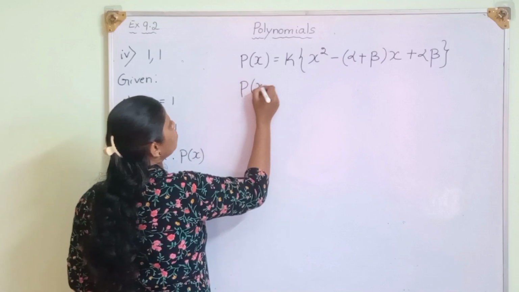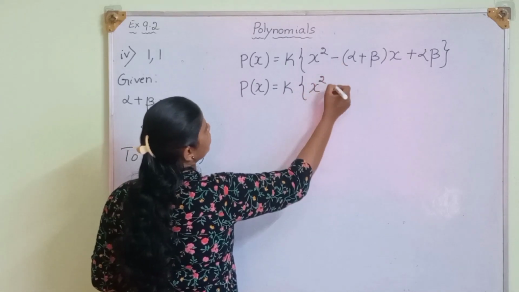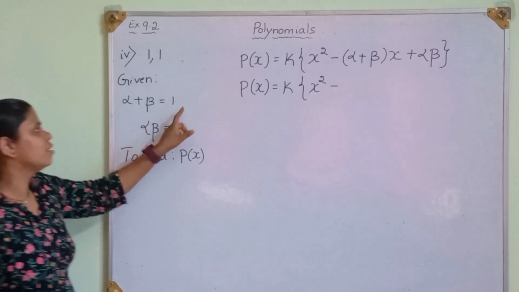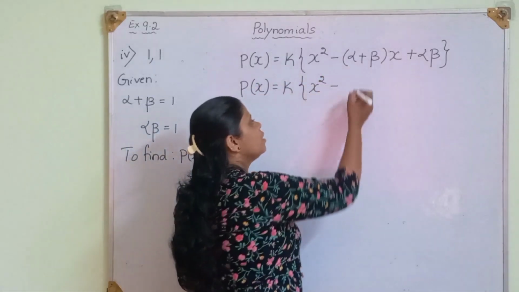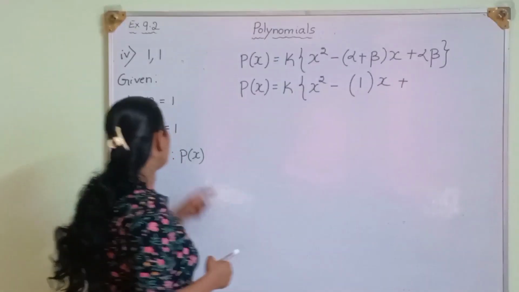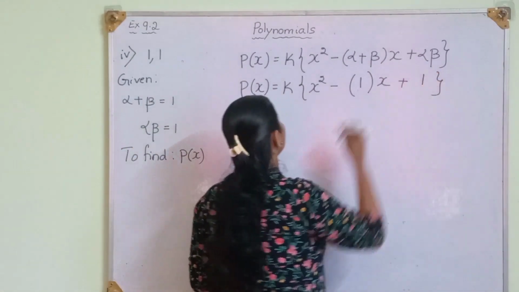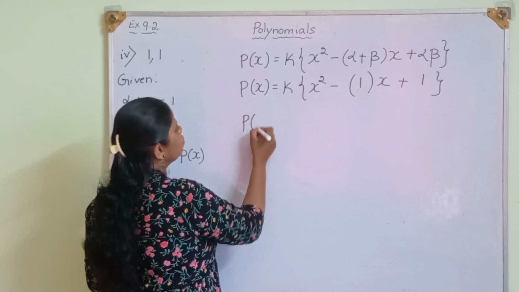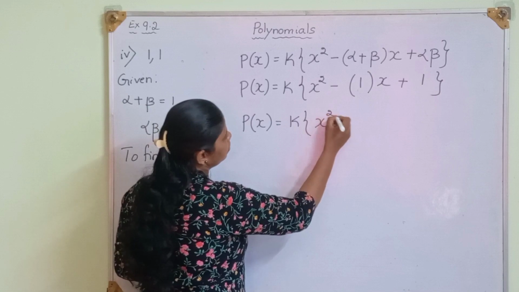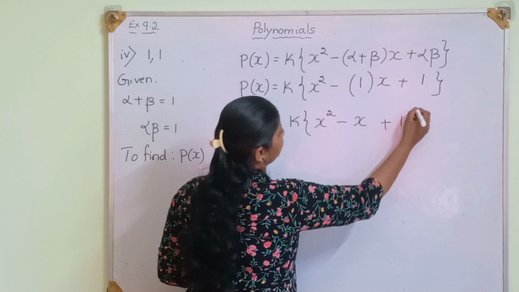P of x is equal to k into x square minus the value of alpha plus beta, that is 1. So, in the place of alpha plus beta, let me write 1, 1 into x plus alpha into beta, that is 1. P of x is equal to k into x square minus 1 into x is x plus 1.